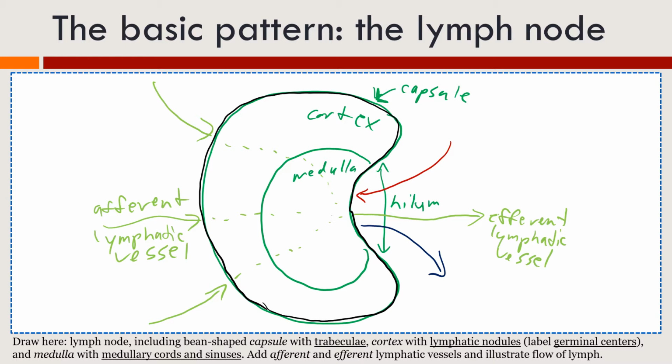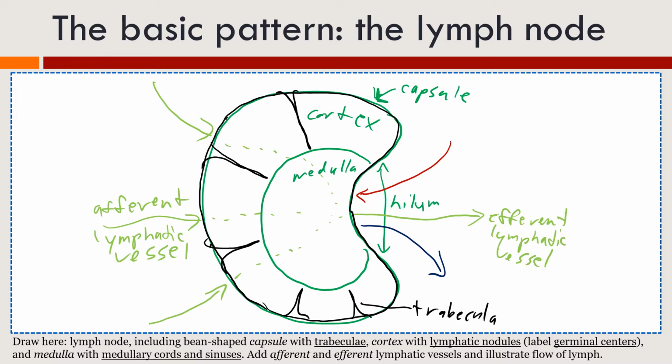Some things that make the lymph node unique: the capsule invaginates every so often into structures called trabeculae. Singular is a trabecula. Okay.